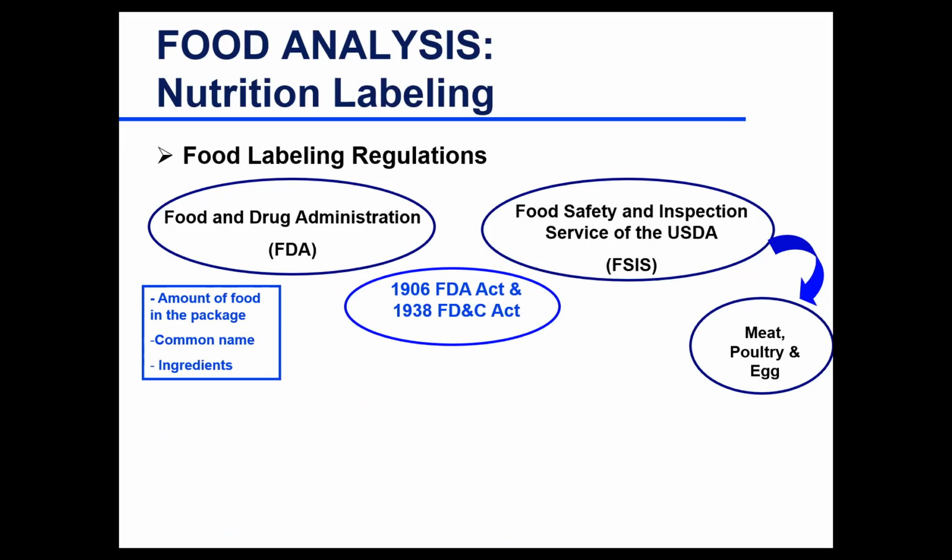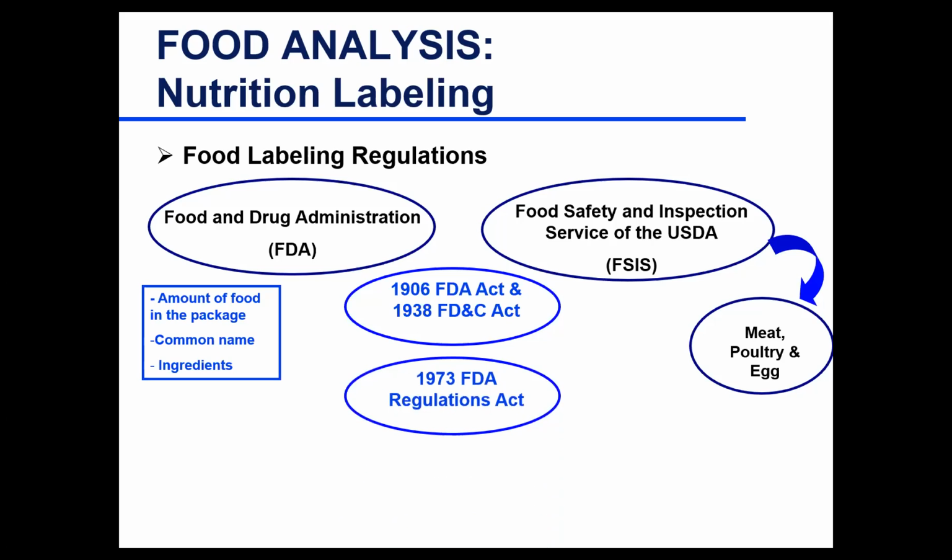The earlier acts regarding food labeling from the FDA, the Food, Drug, and Cosmetic Act of 1938, said that we need to put the amount of food on the package, the common name, what the actual product is, and then the list of ingredients. That was all that was required.